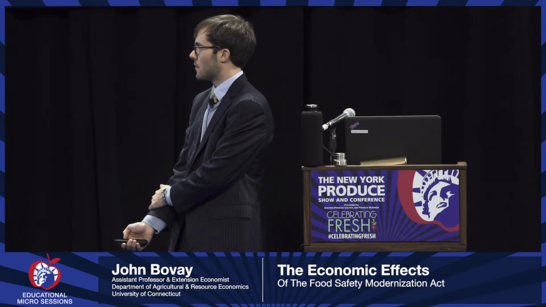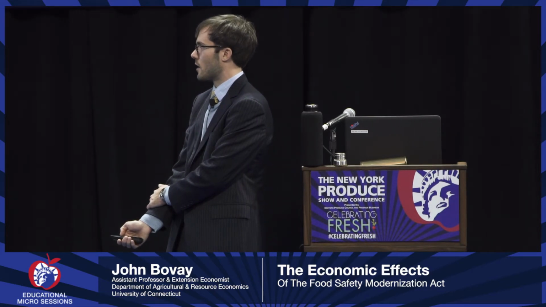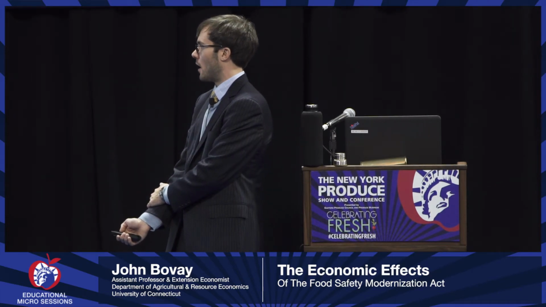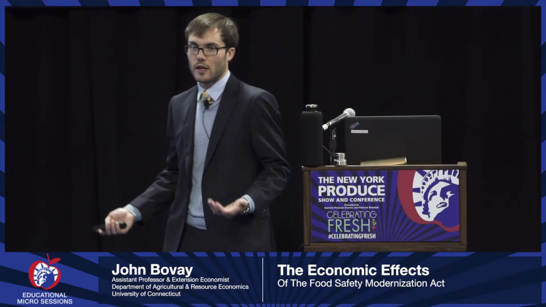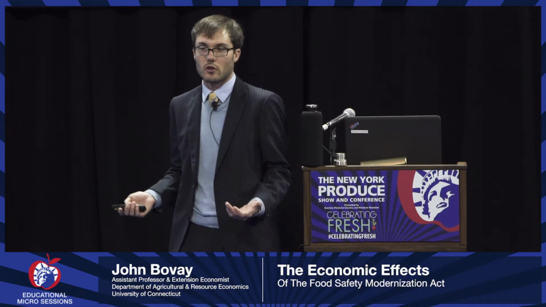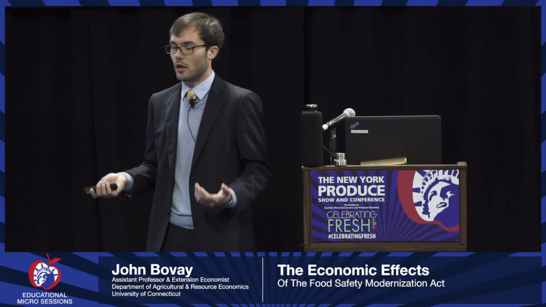So you see the very small Mexican growers, if they want to stay in the U.S. market, they're going to suffer big losses. They're going to lose, in the most conservative scenario, 24% of their revenue. And this is all, again, driven by the Foreign Supplier Verification Program, the additional costs that importers are going to have to incur if they want to continue to bring in tomatoes from Mexico.